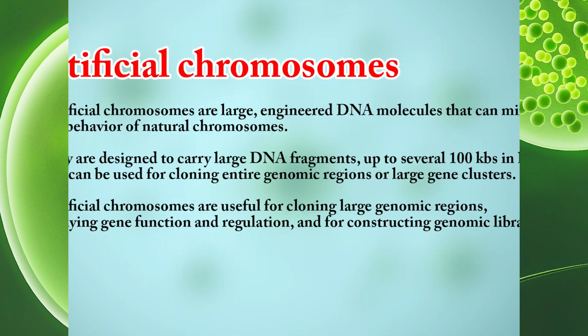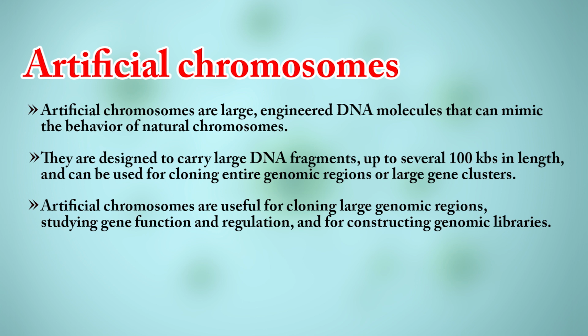Everyone here knows about the chromosome, and "artificial" is a prefix which has been given. Artificial means it is an engineered version of the chromosome, a large engineered DNA molecule that mimics the behavior of natural chromosomes.